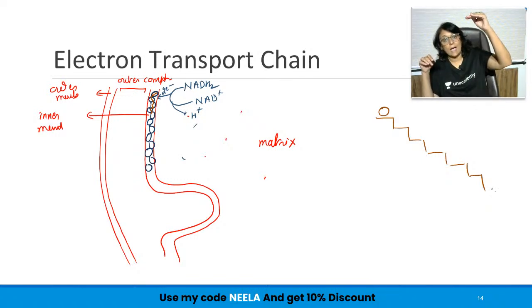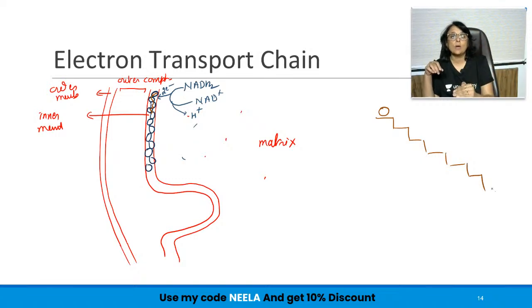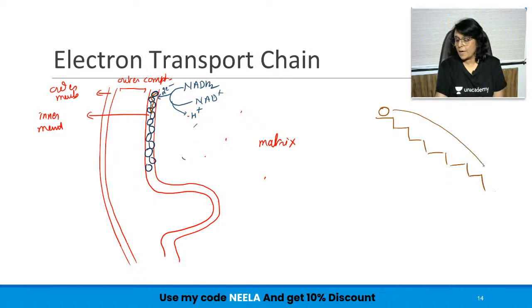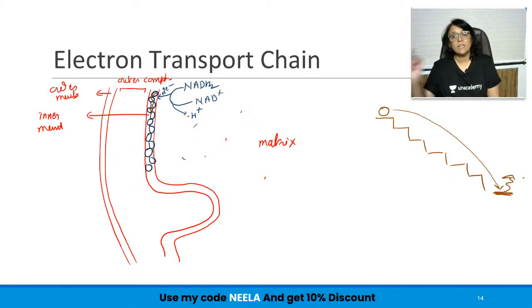Suppose you throw this ball directly down, the complete energy will be released in one step. That energy released in one step may not be used inside a cell, because a cell can use energy slowly.